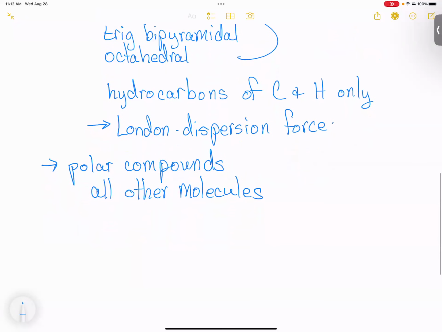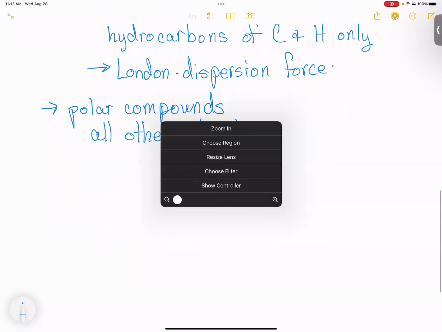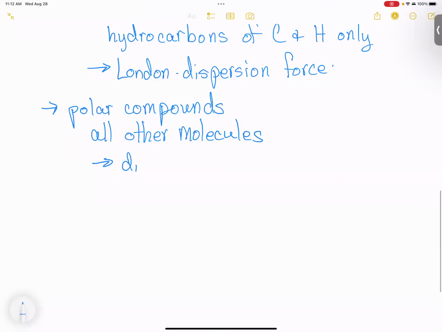Now, if you have a polar compound, you can guarantee that it has dipole forces as well as London dispersion.